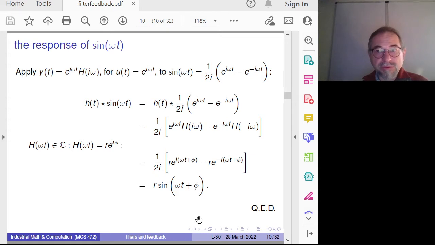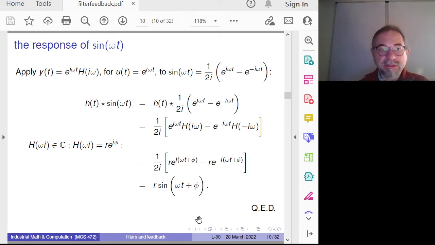So to recap, what this theorem says is that in a linear time invariant causal filter, the output is always characterized by a radius that depends on the magnitude of this transfer function evaluated at omega times i, and there is a phase shift that comes also from the polar representation.